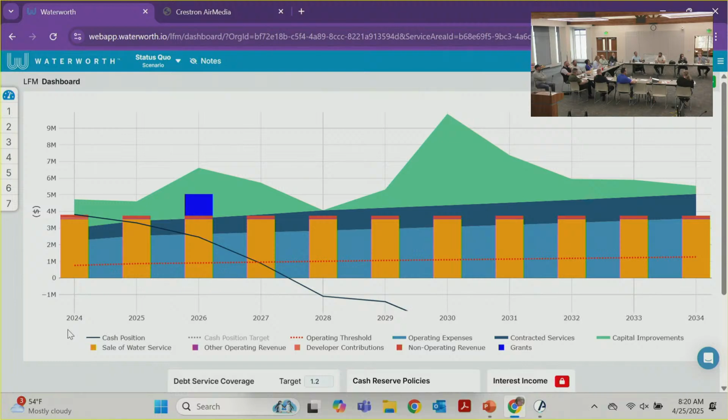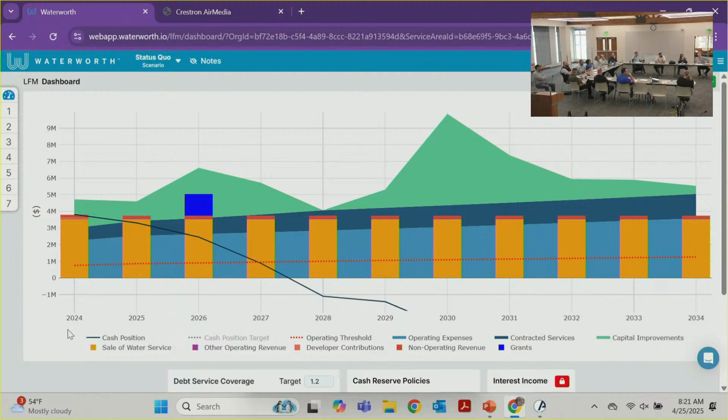Sorry, it is small. Can you explain the difference between operating threshold and operating expenses? I understand the operating expenses, but why are we concerned about the 2027 point and not the 2025 when it starts going down? I think we are concerned about 2025 or 2026 even, where our sale of water doesn't even cover operating.